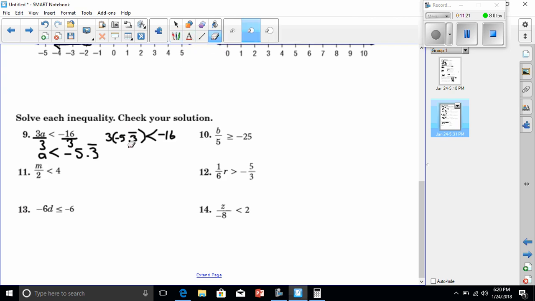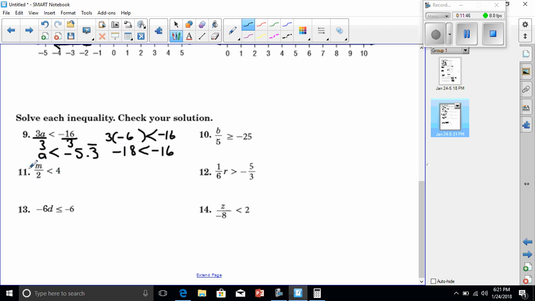So let's erase this and put negative 6. And that's going to give me negative 18 is less than negative 16. And that's absolutely true, because on my number line, I will be traveling even farther in the negative area.